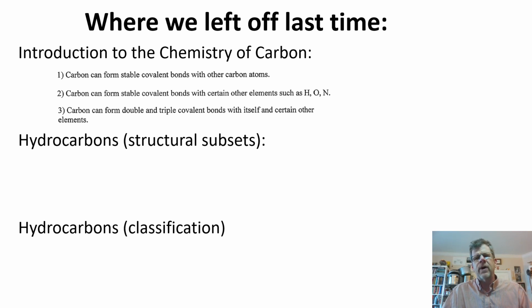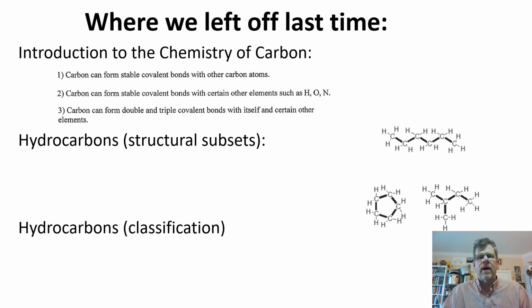It's a specific subset of the chemistry of carbon, that of hydrocarbons, and we had looked at general ways that hydrocarbons can be put together. We saw that they could be put together in a linear form, which we see right here, where I've bolded out the carbons, and we see that the carbons themselves are in a linear form.